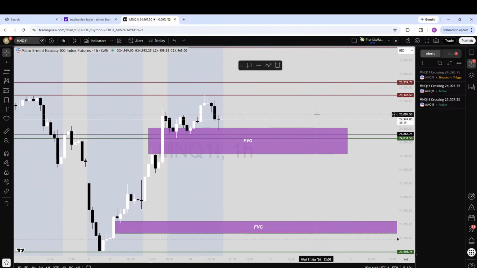Right here, there's a gap. Tiny little gap.